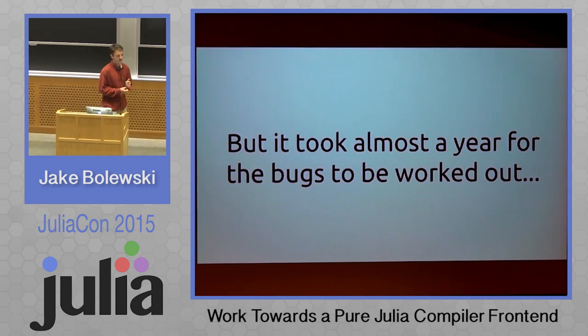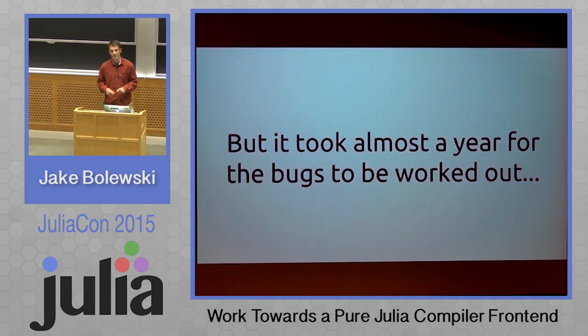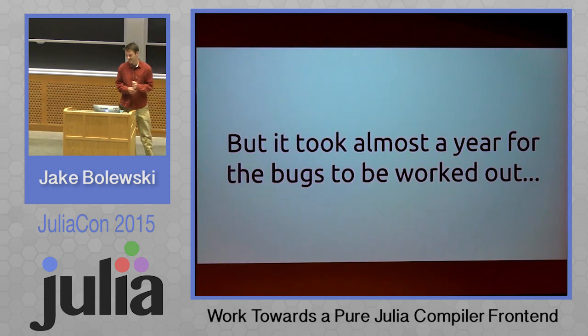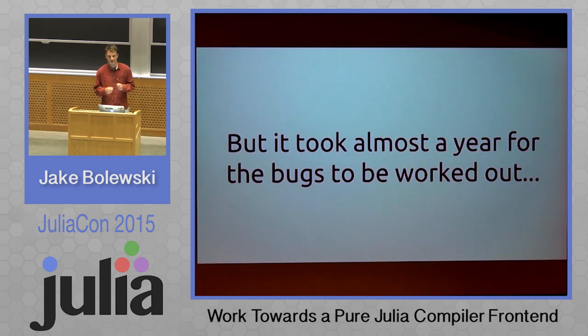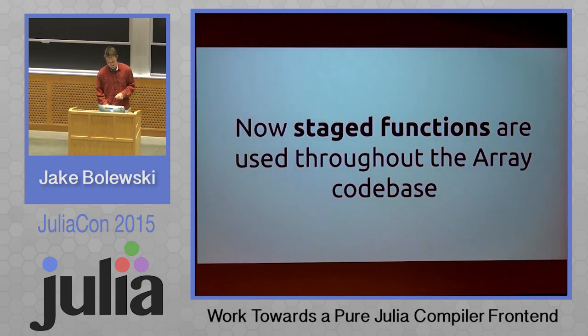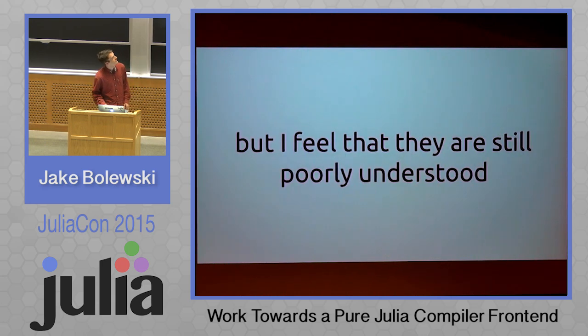It looked innocuous in the beginning, and it was like, oh, this is going to work really quickly, and then 6 months later, we're still banging on it. But now they're used throughout the array code base, making your new fancy, more abstract arrays much faster. So you should thank Tim Holy and Matt Bauman for their great work on doing that.